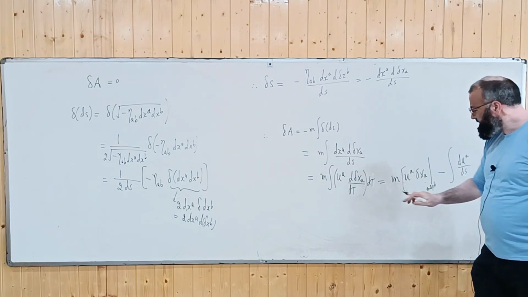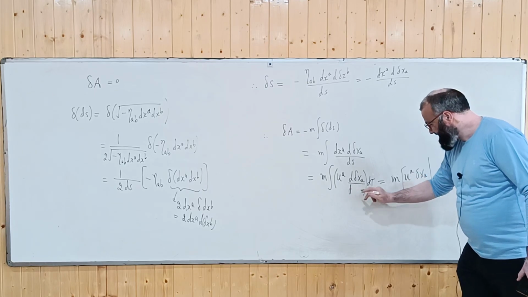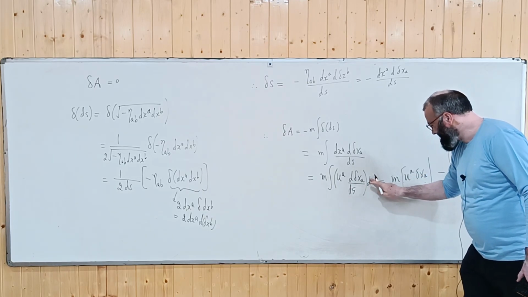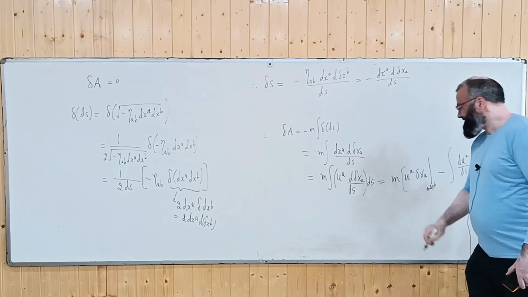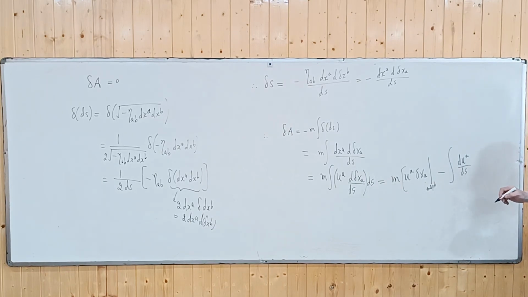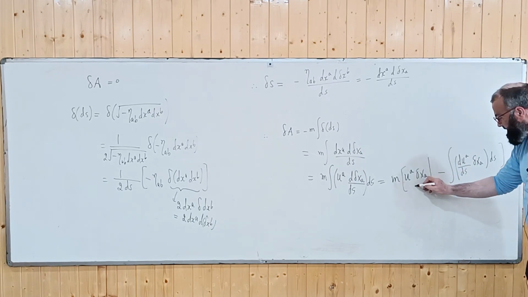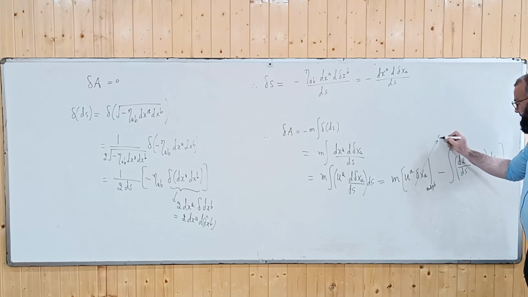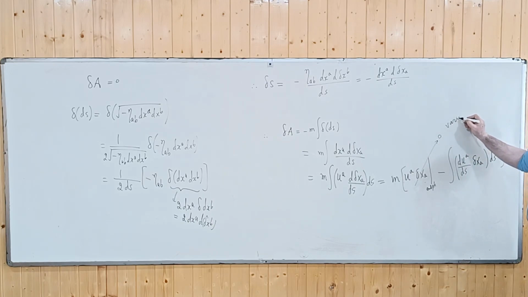Let's write s. So it is du ds. When you integrate, it is simply delta xa, ds. Clear? Any problem?